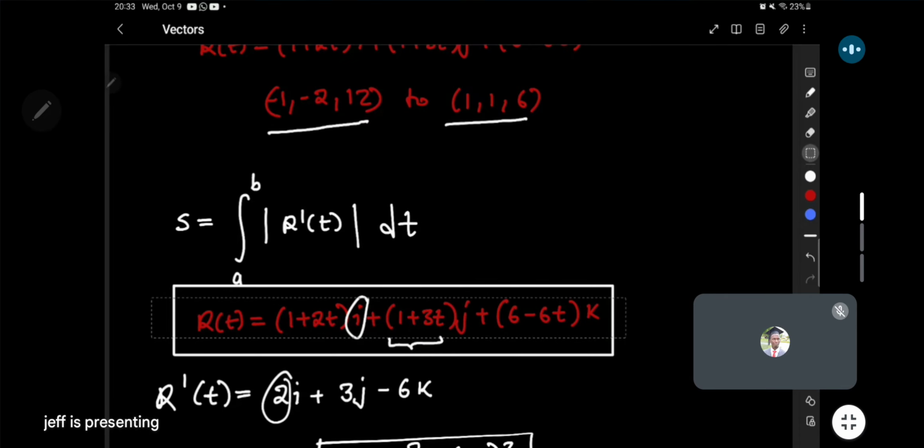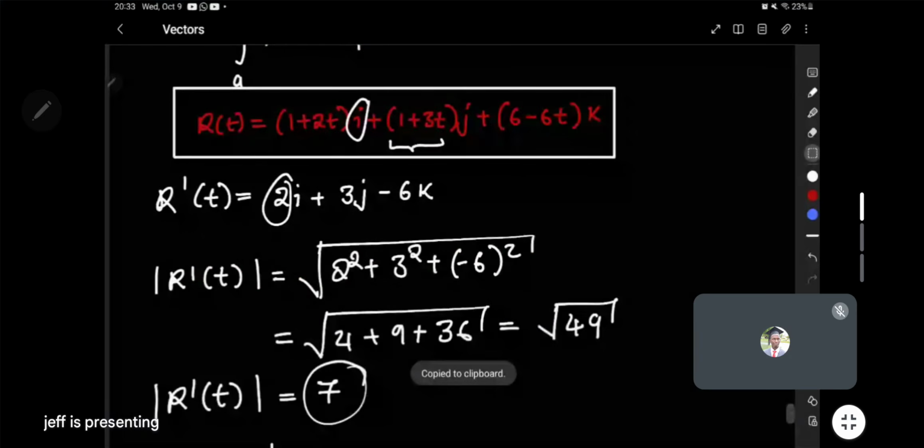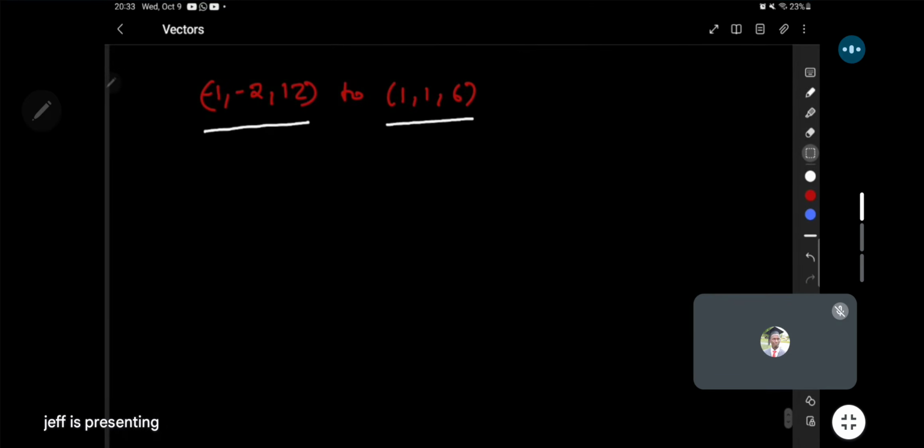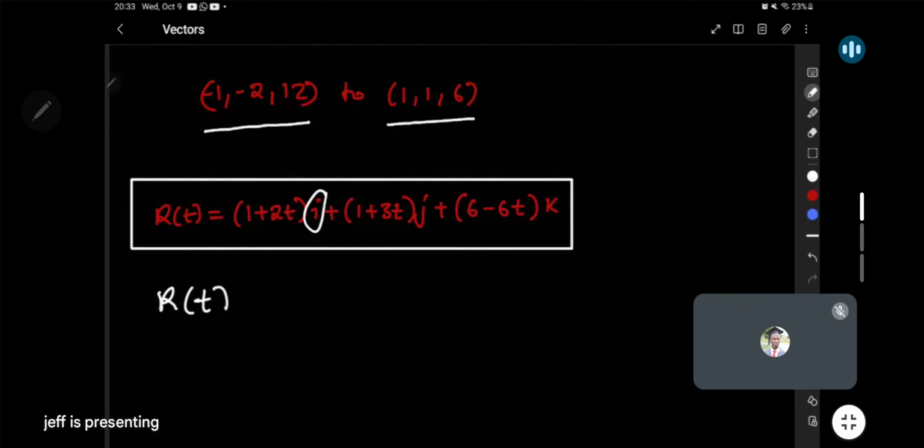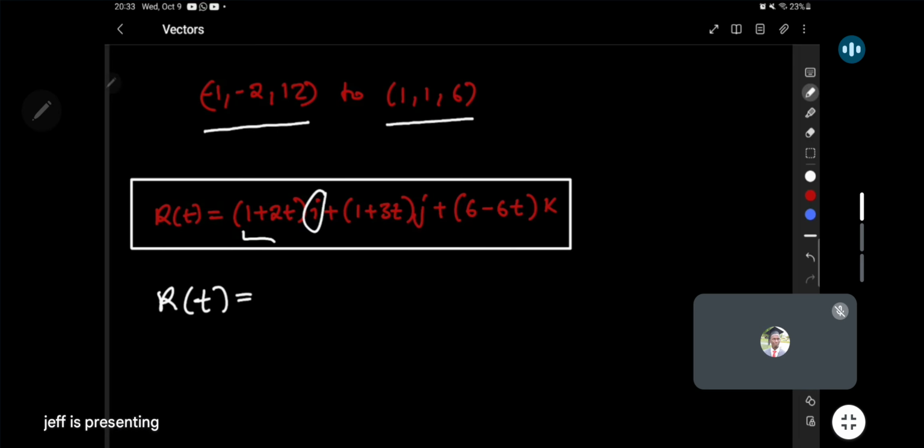Other than that, you see the position vector can actually be represented in terms of its parameters, or we can get the parametric expressions from here. This curve can be represented in parametric form, where this part here represents the position on the x-axis, this part here represents the position on the y-axis, and this part here represents the position of this particle on the z-axis.